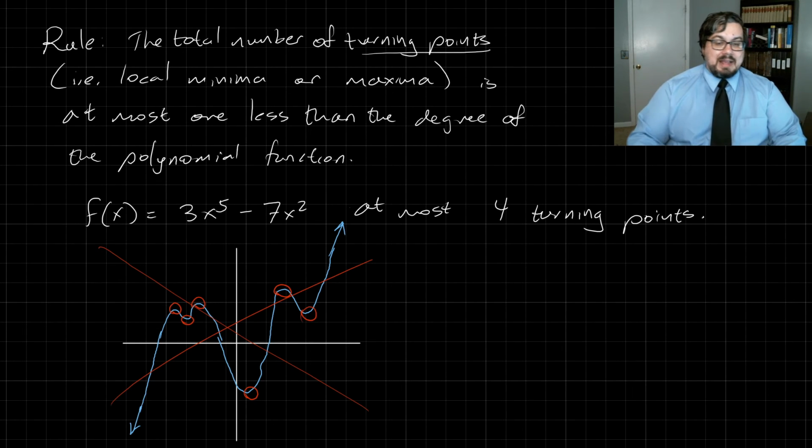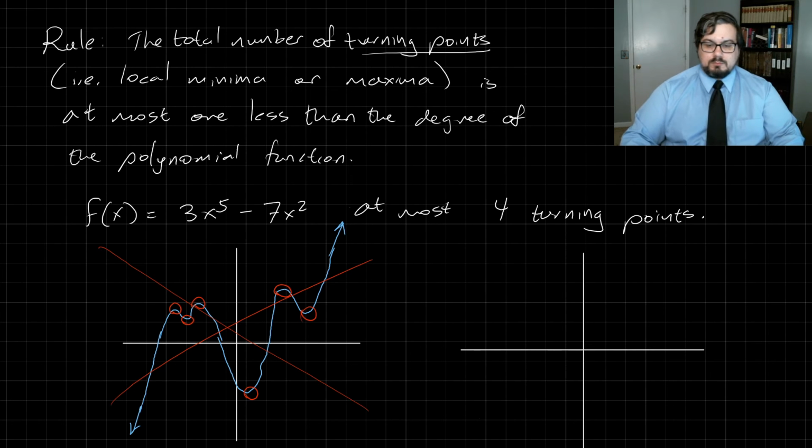One way that we can use that is to say, suppose that we have the graph of a function. We're told that this is a polynomial function.